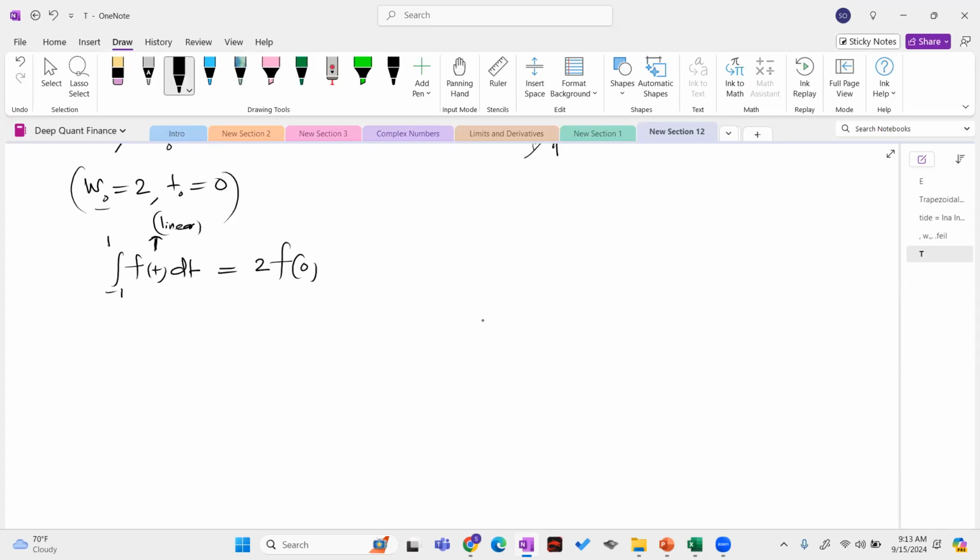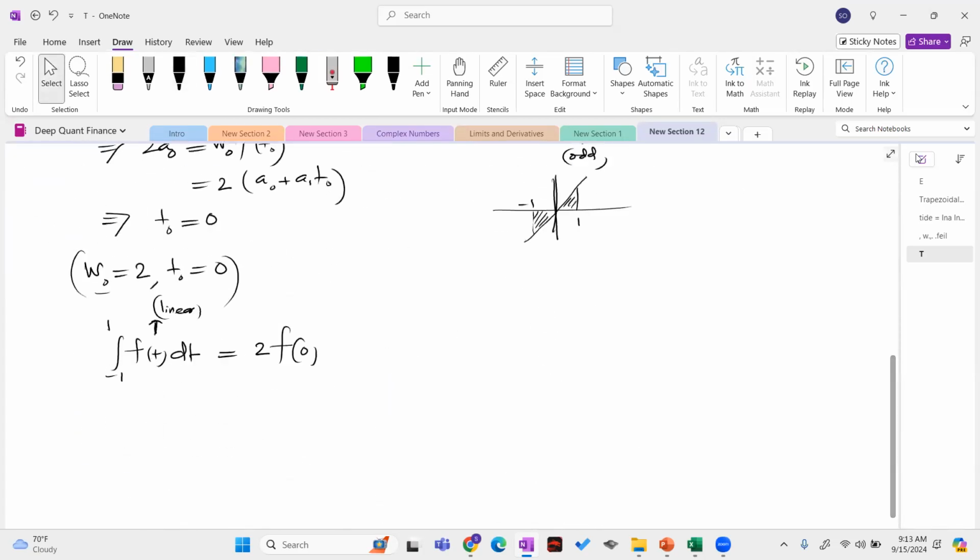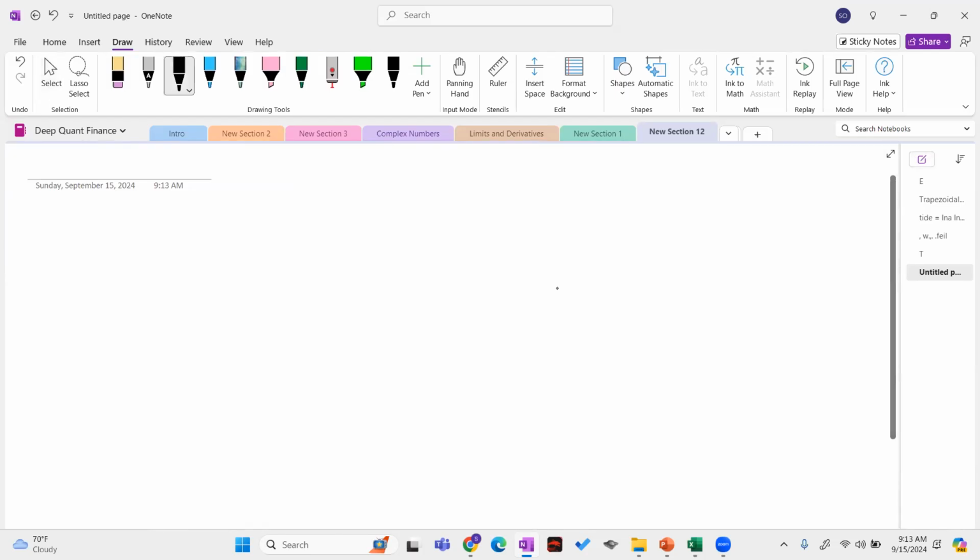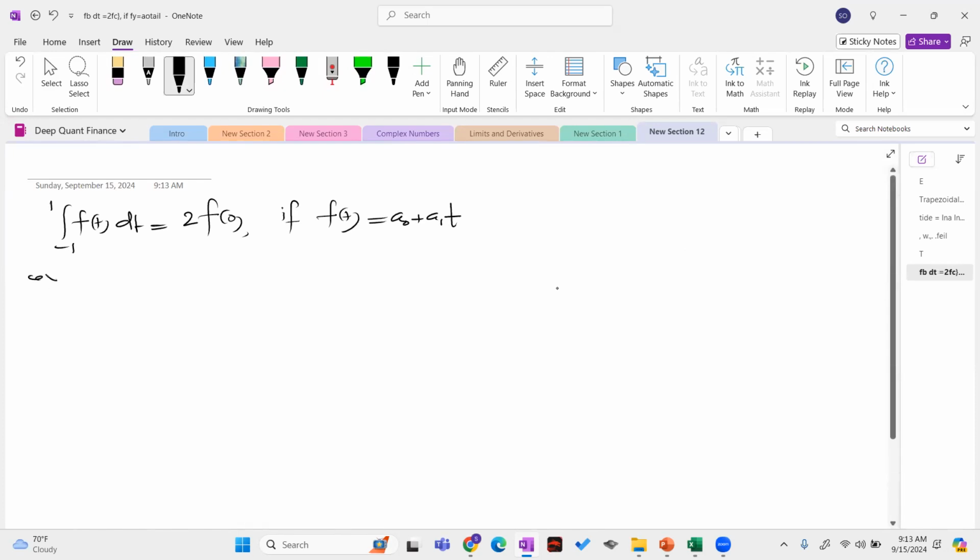What, really? Let's verify this. Maybe I'll take another page. So we are saying the integral from -1 to 1 of f(t) dt is 2 times f of 0 if f of t is linear, something like this, a0 plus a1t. Example, let's say, any linear function, 2t plus 4, for example, dt.